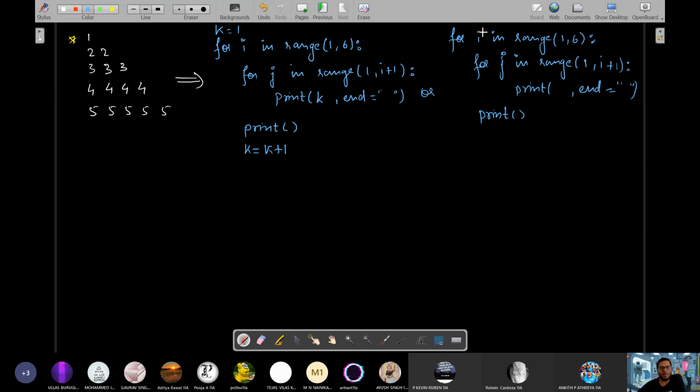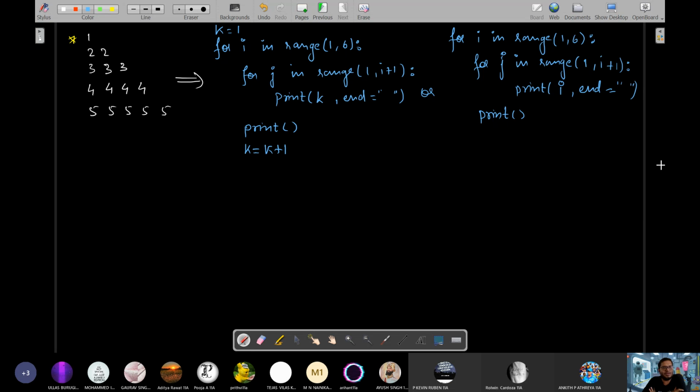First time when i is 1, all the values in the first row will be 1. When the second row you are starting generating by j, all the value of that row is 2. When i is 3, that is third row is being generated, all the value that is being generated by j loop in the row, that is 3. So that means when each row is being generated, the value that you will be printing will be same as i in each row.